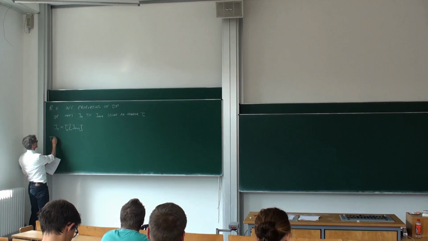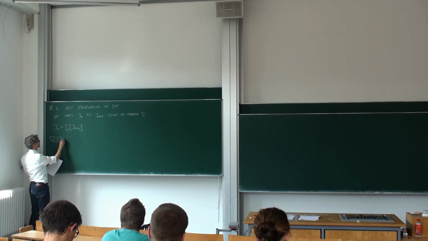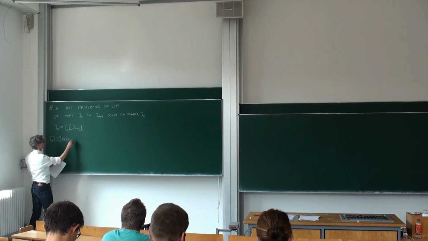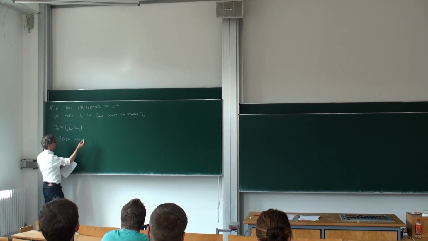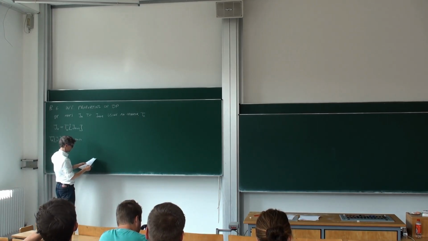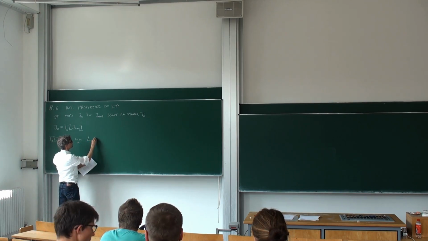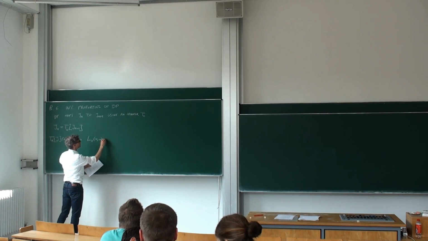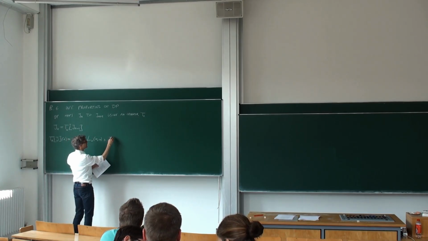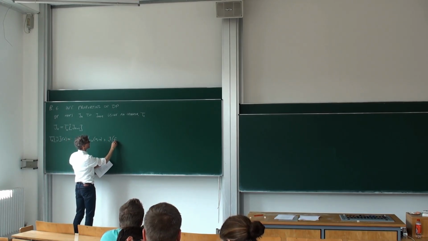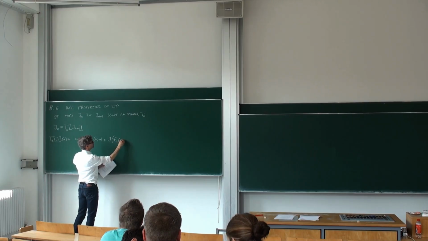We could define it as follows. T_k of any function J evaluated at the point x is defined by the minimum over all u of the stage cost plus J evaluated at f_k of x and u.